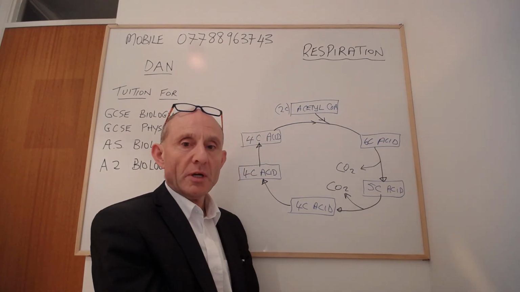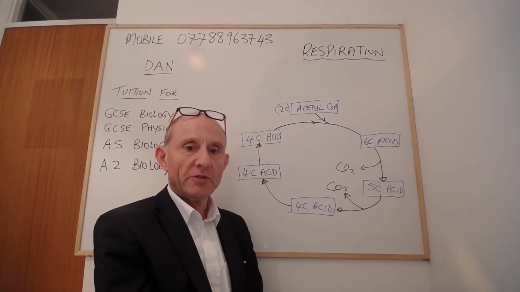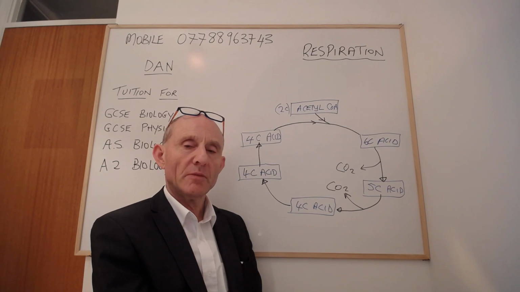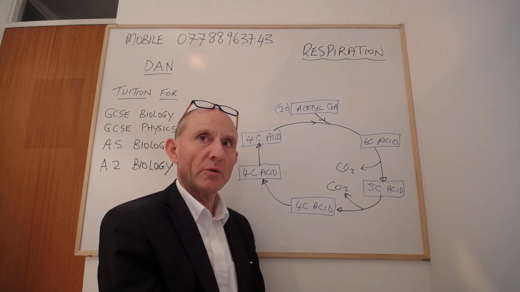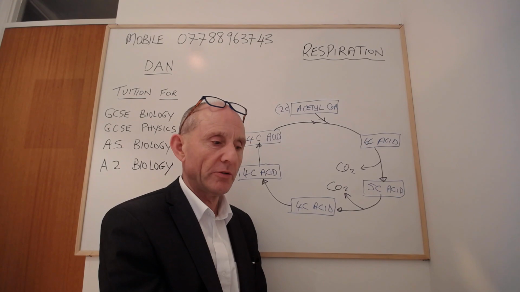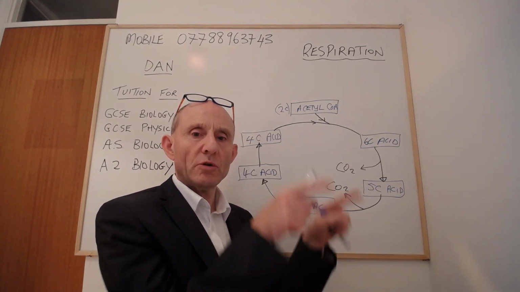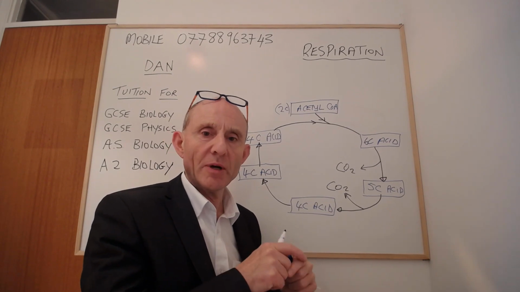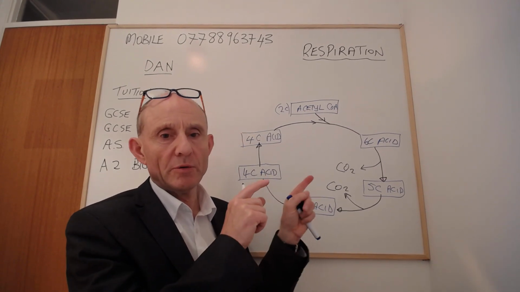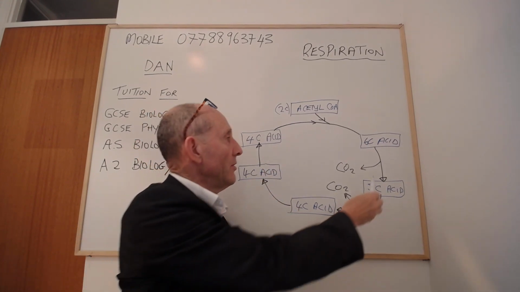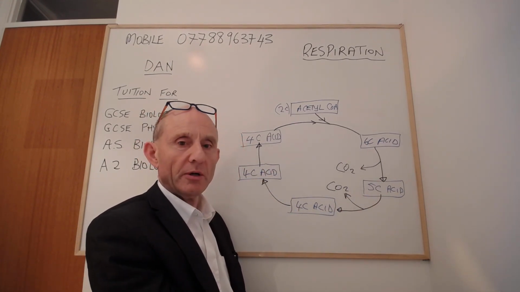Yep. So if we just stop at this stage and I say to you now, how many CO2s have been released since the start of respiration? And you say to yourself, okay, when was CO2 released in respiration? Oh, the link reaction, yes. There was CO2 released in each branch of the link reaction. So that was 2 CO2s. And then there's 2 CO2s released here.